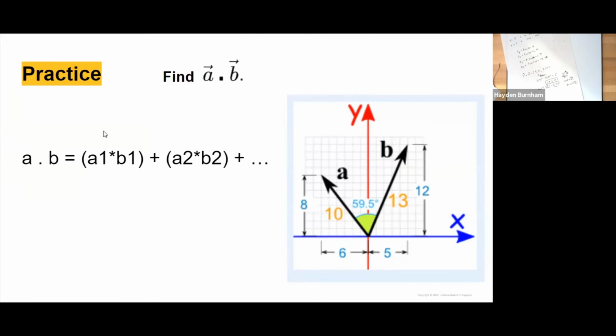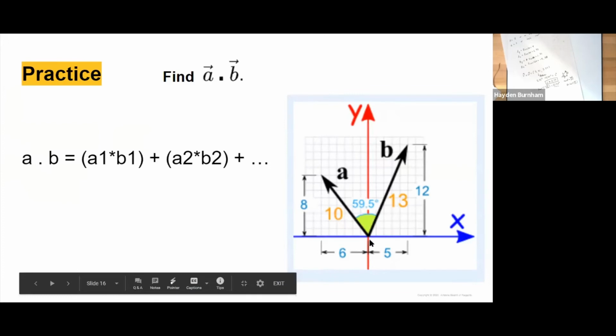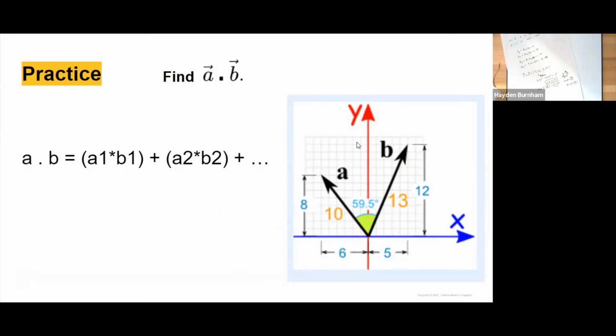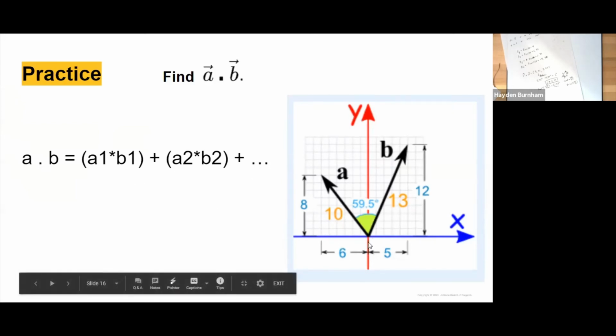So for example, here you have A1 and B1. In this picture, A1 would be the x value of A, which would be -6 because it's in the negative direction. And then B1 would be the x component of B, which would be 5. And then A2 and B2 would be the y components.